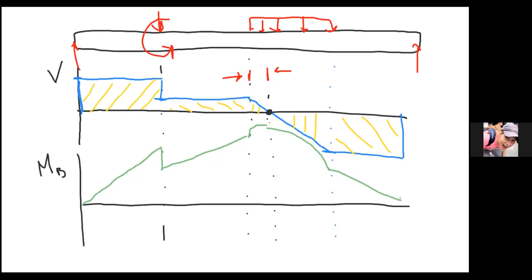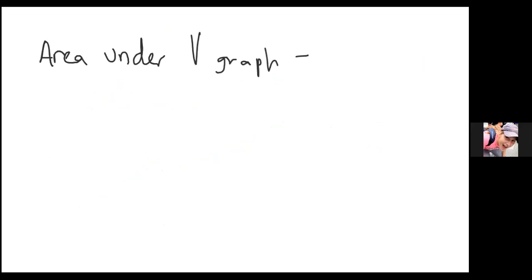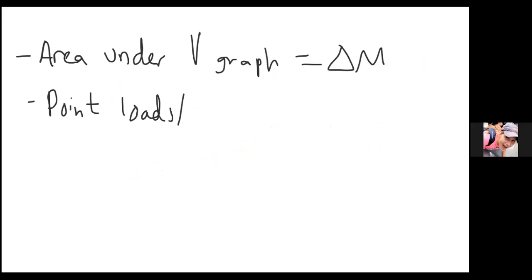The biggest thing is to recognize the relationships between shear force and bending moment. So just to have it expressly stated, the area under your shear graph is going to be equal to your change in moment. And that corresponds positive or negative. And something that we also know is if we have point loads or point moments, those create jumps in our graphs, right?